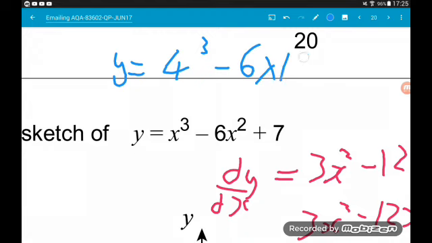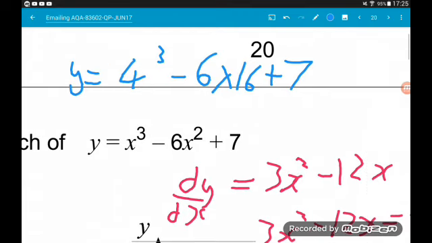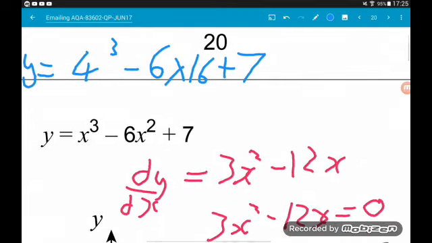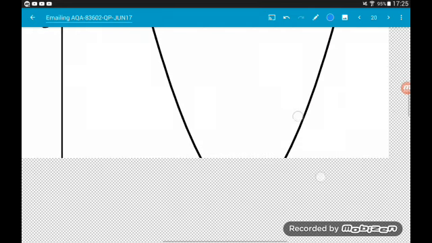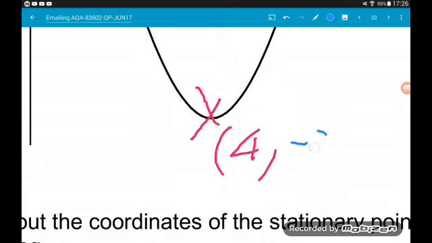So minus 6 times 16 plus 7, and that will give us, well, 4 cubed is 64, plus 7 is 71, 6 times 16 is 96, so we've got 71 minus 96, so we've got minus 25. Of course, this being a calculator paper, use your calculator for that. So our y-coordinate is minus 25. Good times.